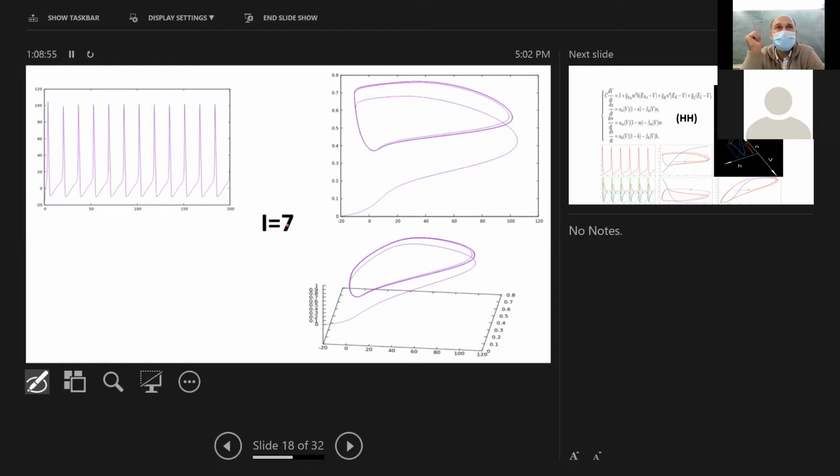It's hard to prove that it's unique, but numerically it looks like there's a unique solution. Okay, so again, this is the time t, and here you have v of t. And again, it's v and n, and here you have v and n. You have three variables, right?